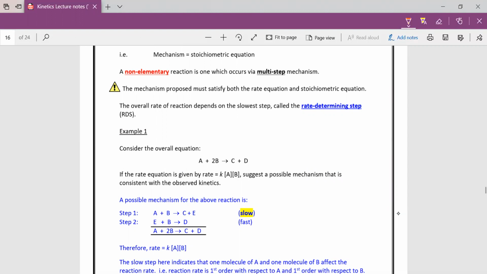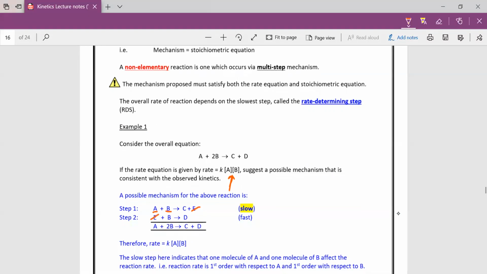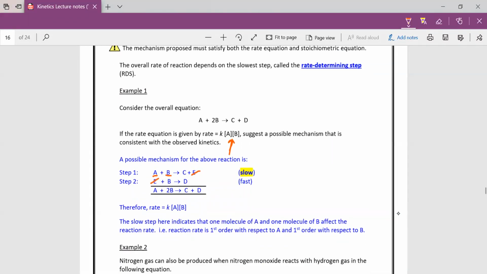So we will suggest this two-step reaction, where we will cancel out the intermediates. The slow step consists of 1 mole of A and 1 mole of B, which is consistent with the rate law. So this is how we suggest.